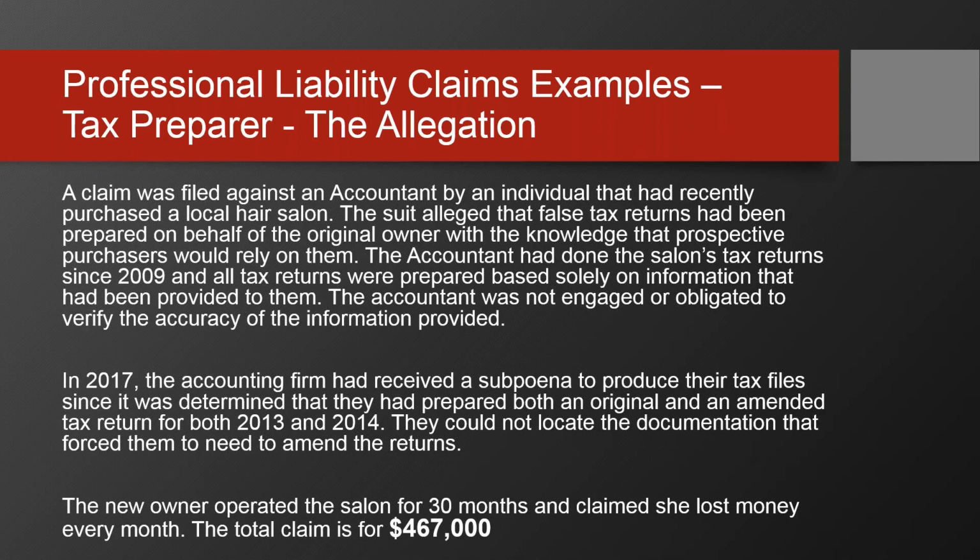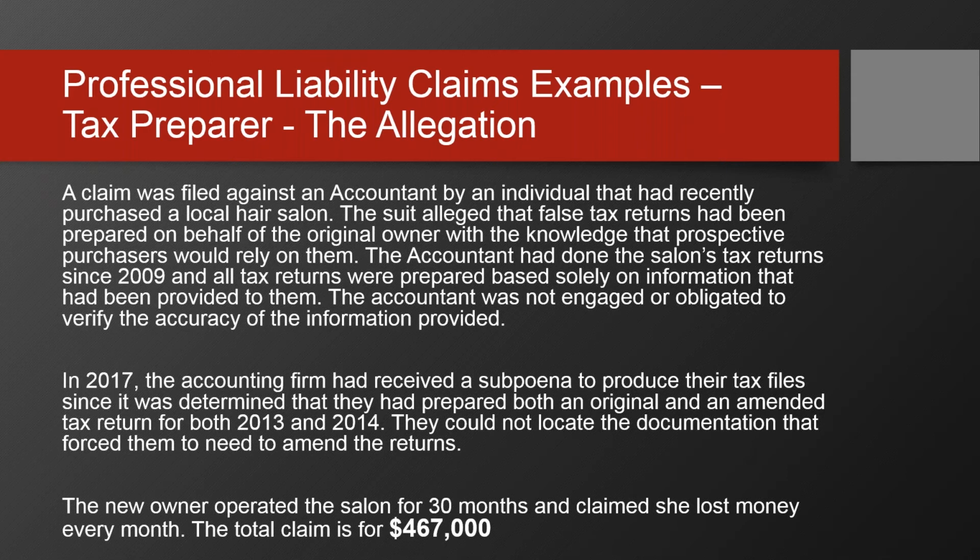But this one's a real basic one. It's a tax preparer or accountant. And essentially they were an accountant for a salon. And they did the taxes from 2009 all the way up through 2017. What happened was the salon decided to sell the salon, which happens a lot.